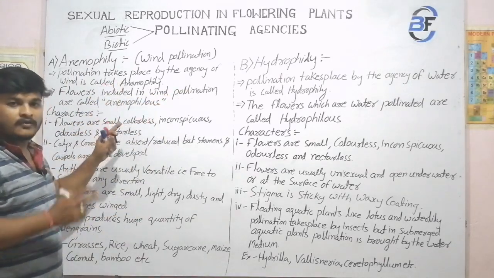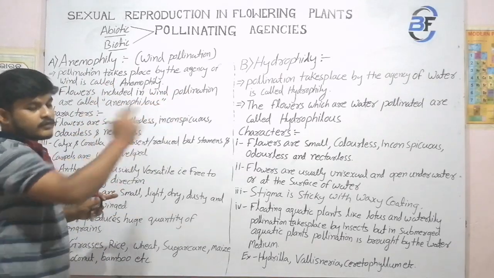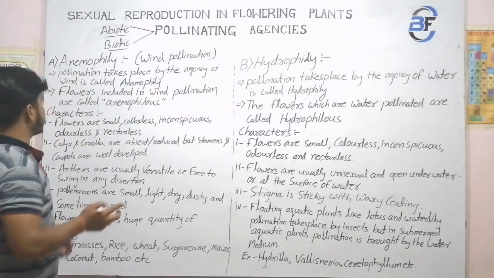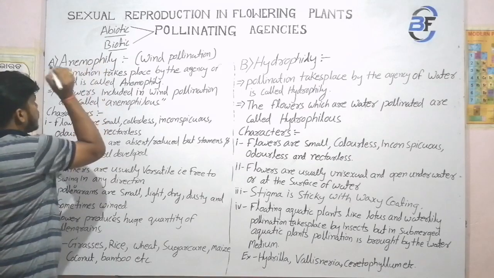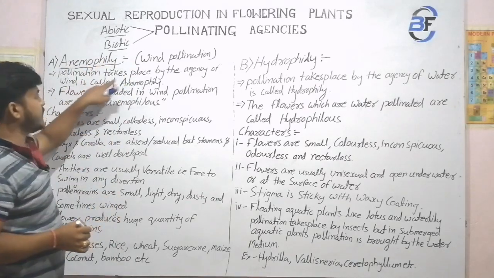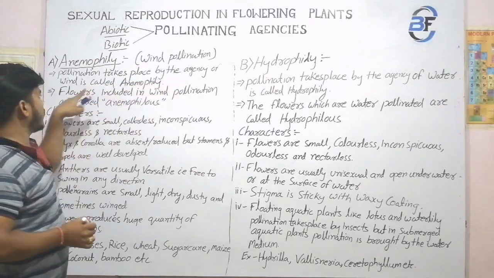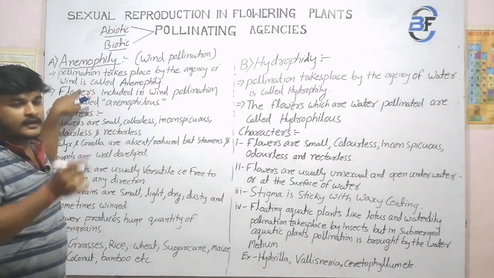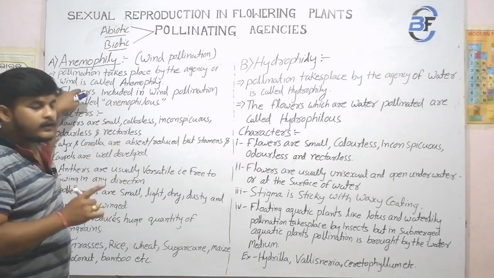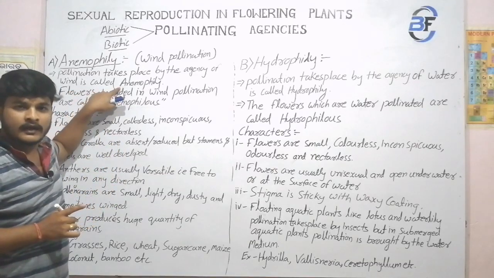One takes place by wind pollination, another takes place by water pollination. First is wind pollination, anemophily. Anemophily means pollination takes place by the agency of wind.